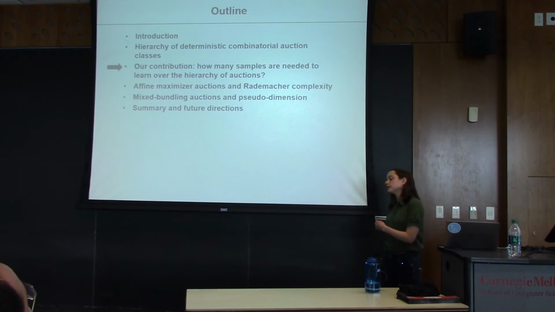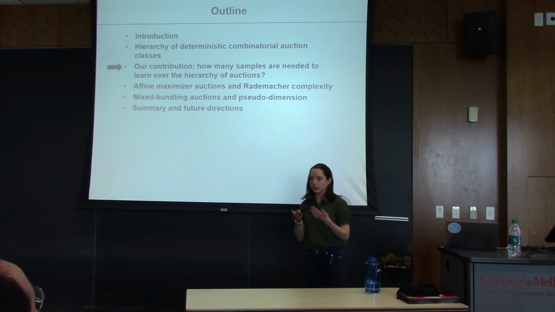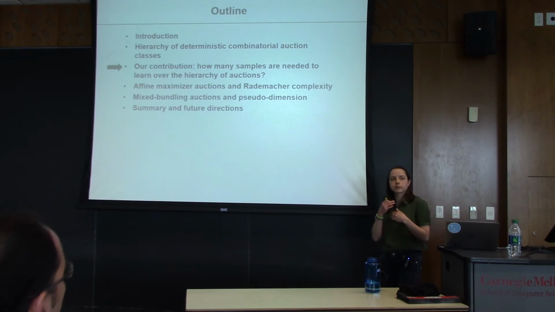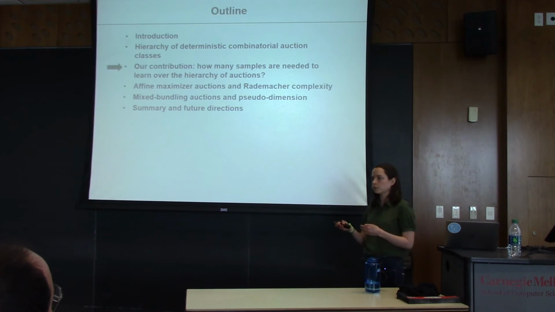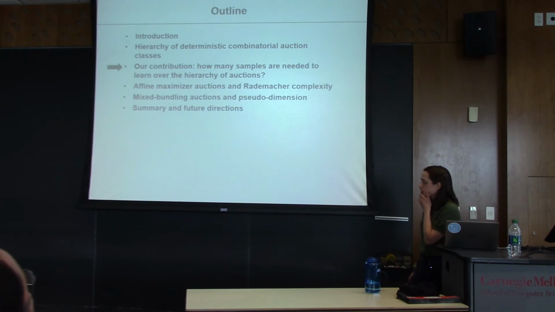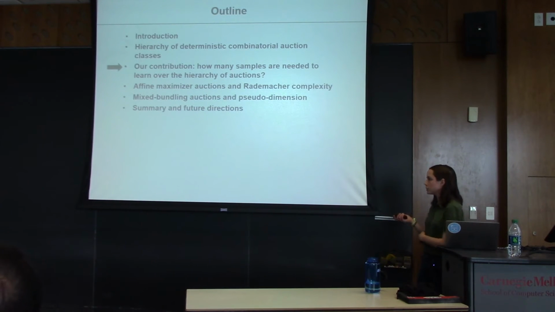And so we consider sample complexity. We consider how many samples I would need to make sure that whatever auction I find that maximizes revenue over the sample has almost optimal revenue over the distribution. So I'm going to formalize that question and then show our results.